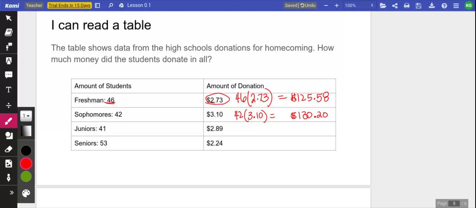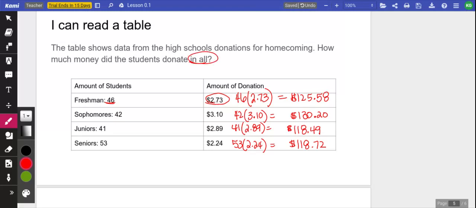That's $130.20. 41 juniors times $2.89 is $118.49. And 53 seniors times $2.24 is $118.72.